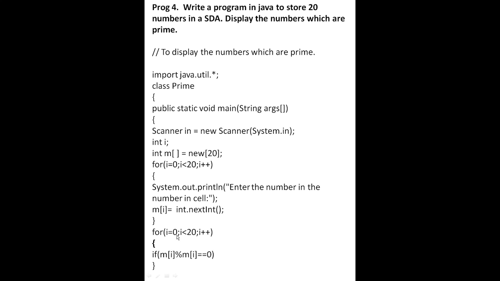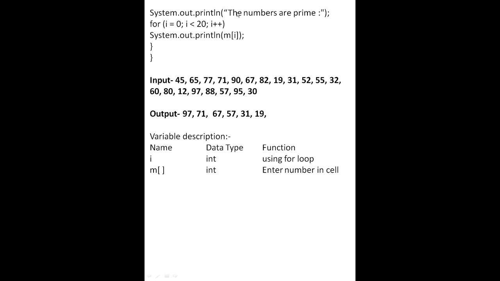For i started from 0, i less than 20, i plus plus. Then curly bracket start. This is the condition. If mi, we will divide that number by that number. If it becomes 0, because a prime number is divided by itself only, the message will be that the numbers are prime.